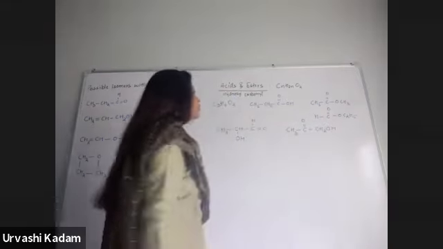All these compounds on the board, they all are C3H6O2: acid, ester, and hydroxy carbonyls are functional isomers of each other.